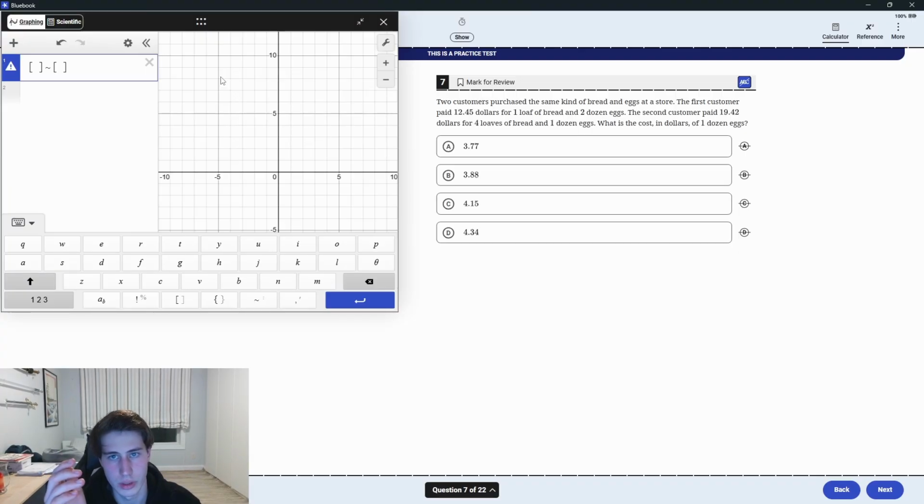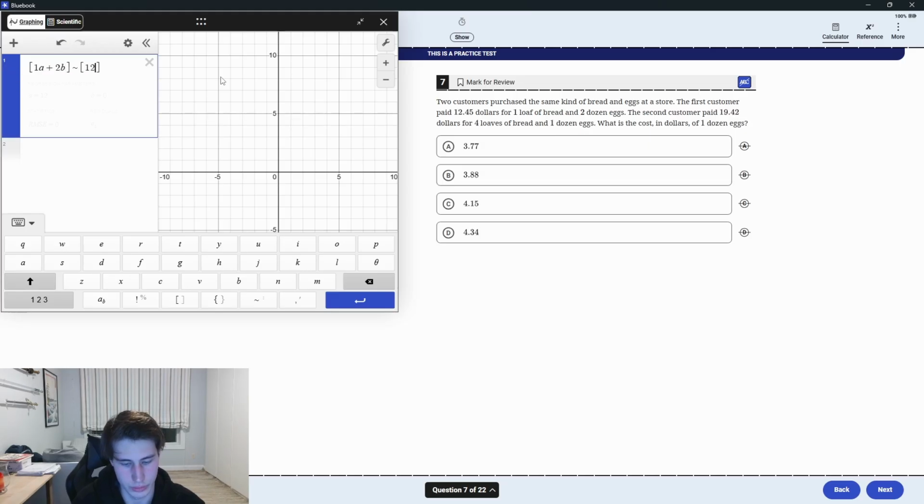So in this case, we'll set loaves of bread equal to A, just for simplicity, and then eggs equal to B. Okay, so the first one was 1 loaf of bread, so 1A, plus 2B is 12.45. And so that's our first equation. Now for the second one, we separate them using a comma, and then after that we can put in our second equation.